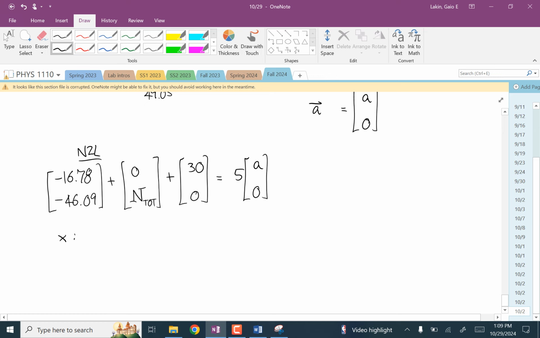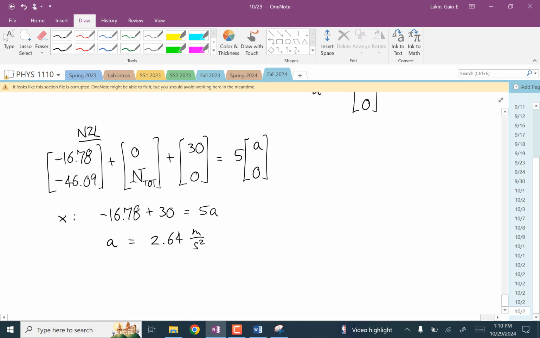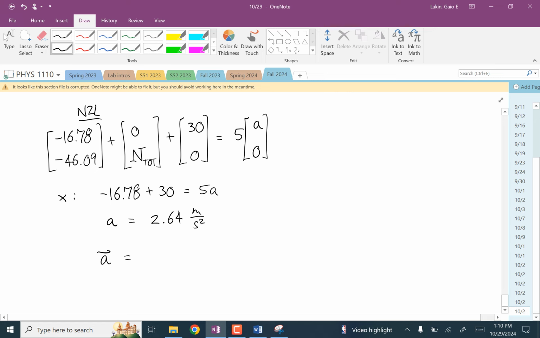The x equation says negative 16.78 plus 30 is equal to 5A. So A is equal to positive 2.64 meters per second squared. So plug that back into the acceleration vector here, and you get that the acceleration vector is 2.64, 0.